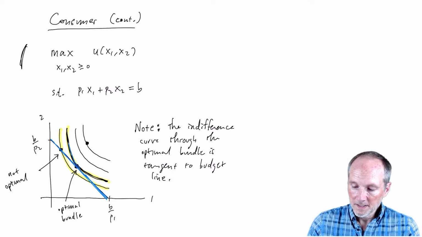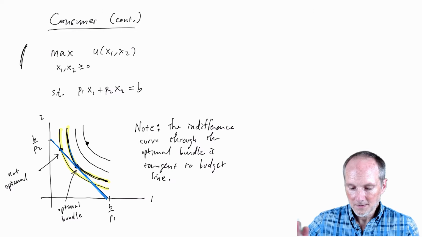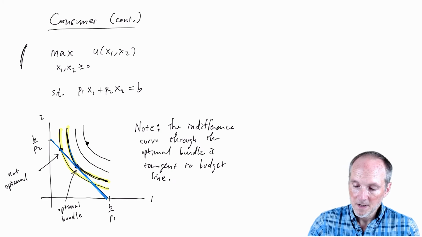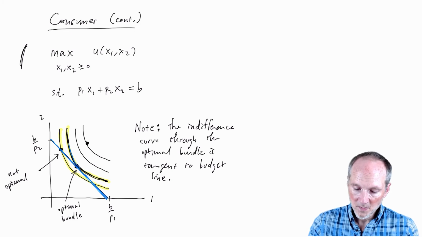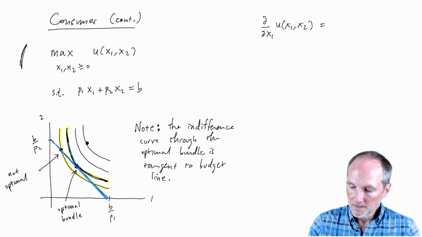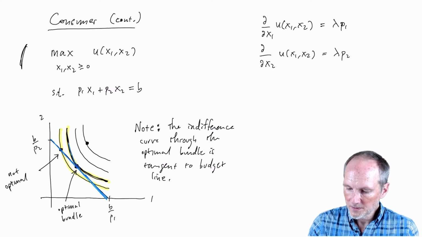If you haven't seen constraint optimization, it might seem a little bit mysterious, but what it means is we can look at the following system of equations. I'm going to take the partial derivative with respect to x1 of the utility function and set that equal to lambda times p1. I'm going to take the partial derivative with respect to x2 of the utility function, set that equal to lambda times p2, and I'm going to write out the budget constraint as well.